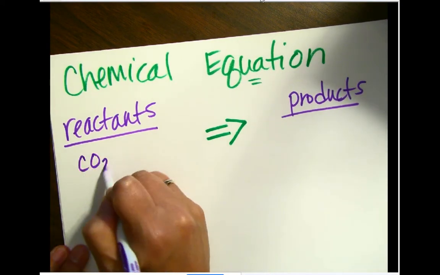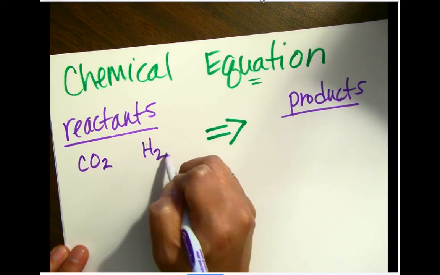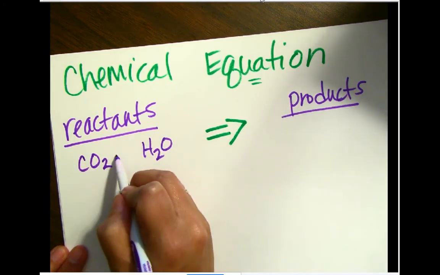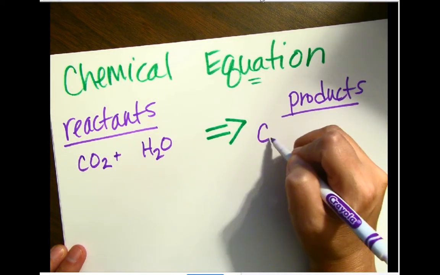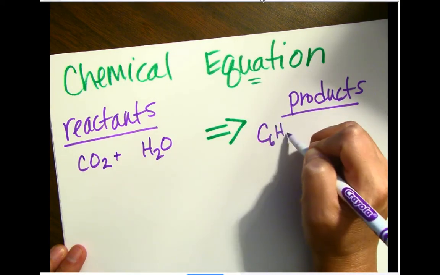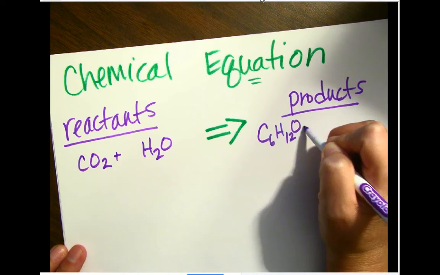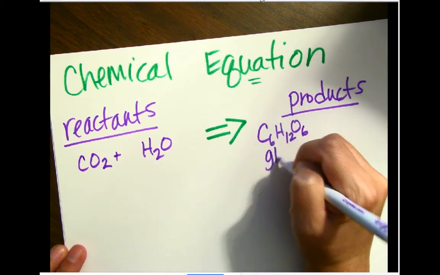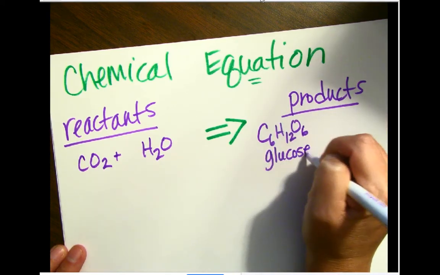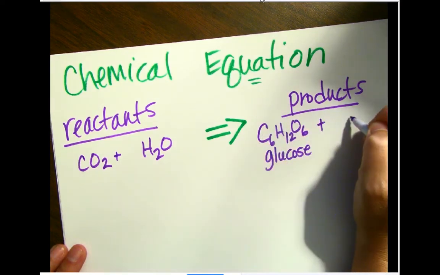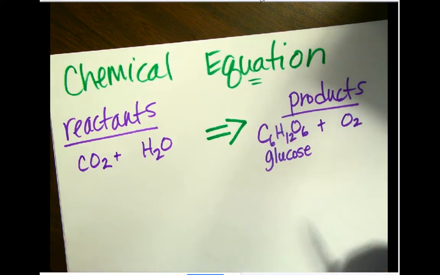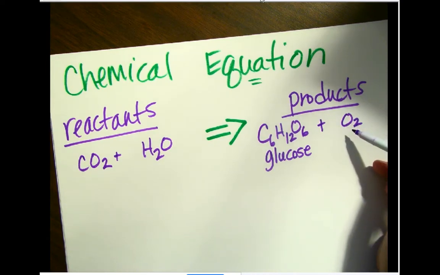So we have carbon dioxide and water. And then the finished product is glucose, C6H12O6. This is glucose. You do need to know this. Write down this chemical formula. And we also wind up with some oxygen. And this is the type of oxygen that we breathe.